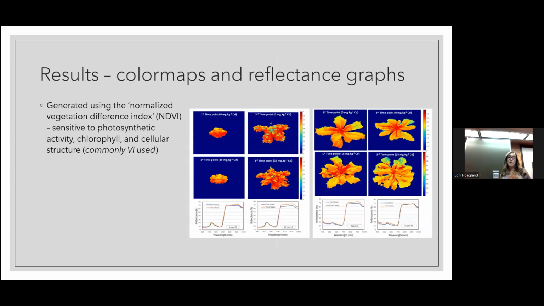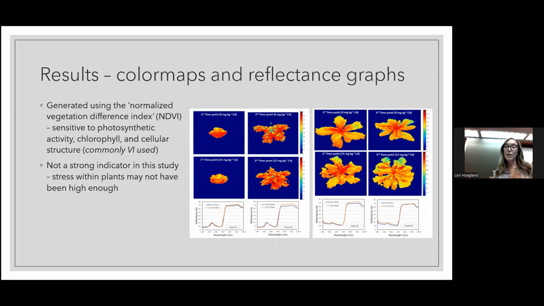So the color maps generated using this normalized vegetation index looked a little bit like this. There's basil on the left and kale on the right at low and high and early and late in the season. And so overall, NDVI was actually not a very strong indicator of heavy metal stress in our systems.